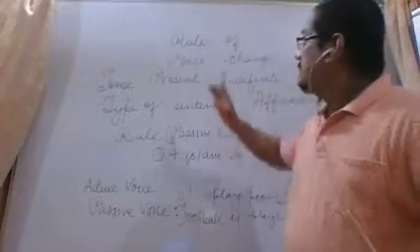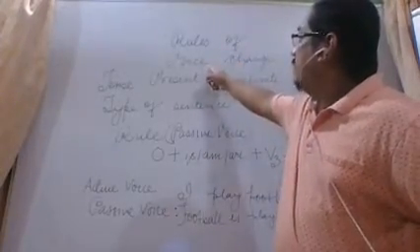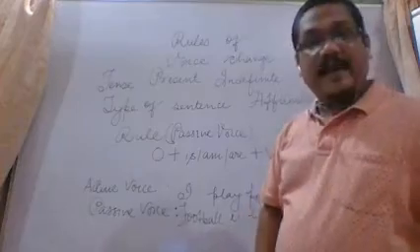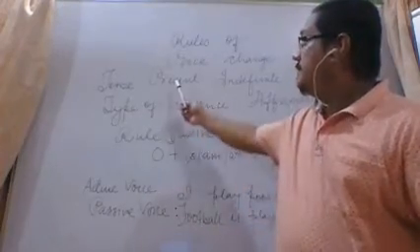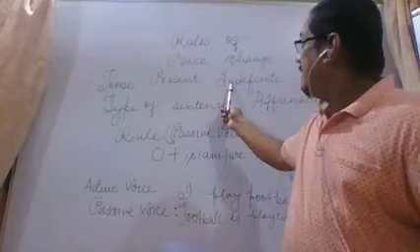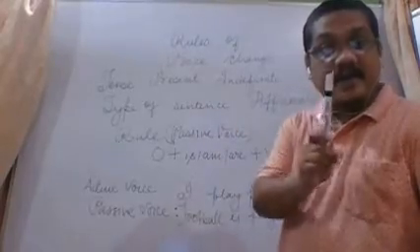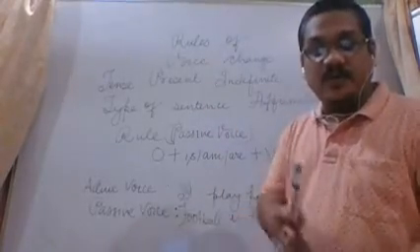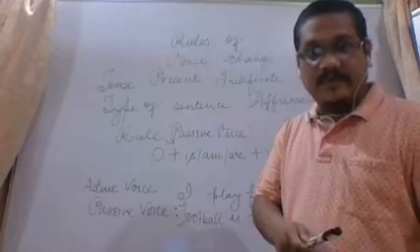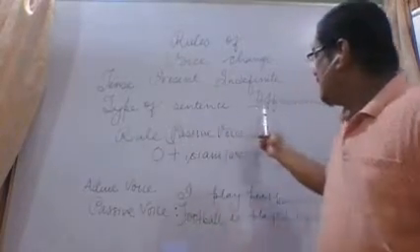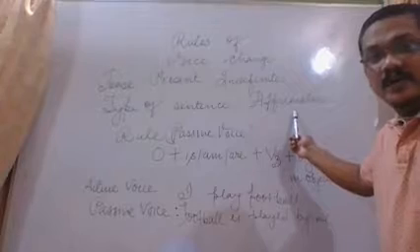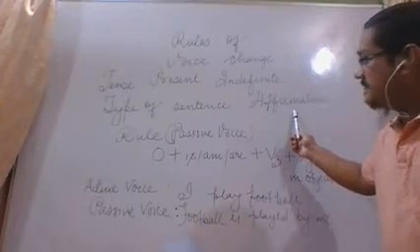Okay, rules of voice change. Now tense is your present indefinite tense, and the type of sentence which we talked about in our previous class is affirmative. Okay, this is an affirmative sentence.